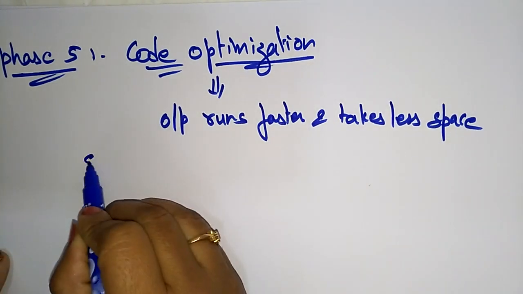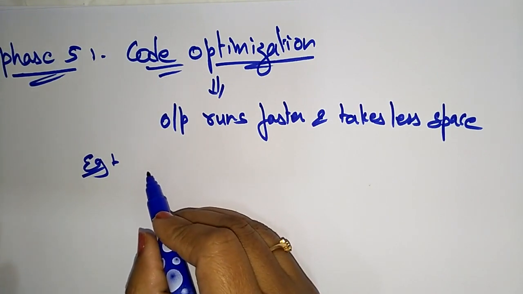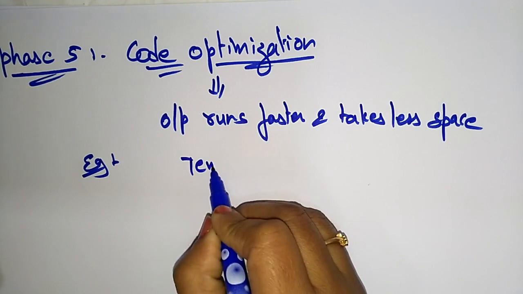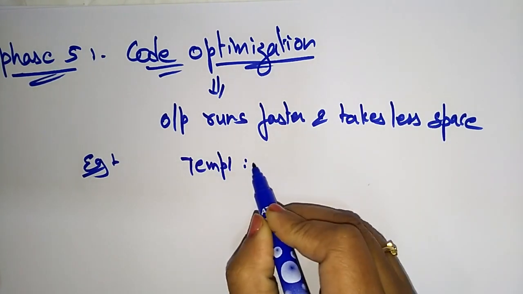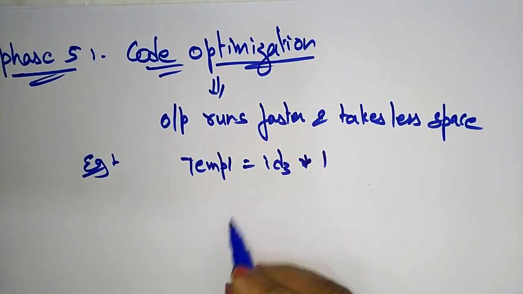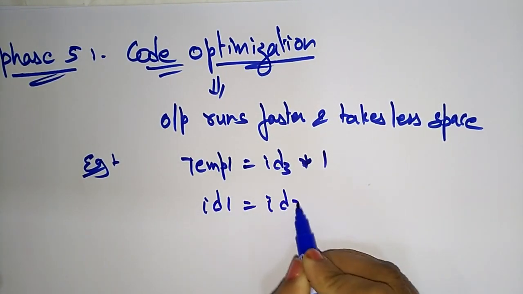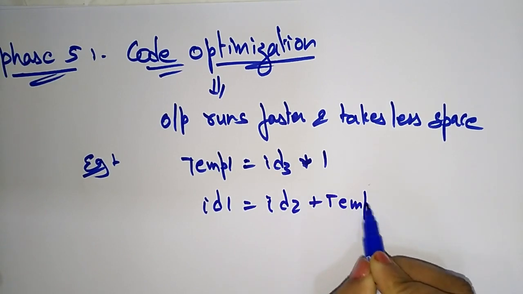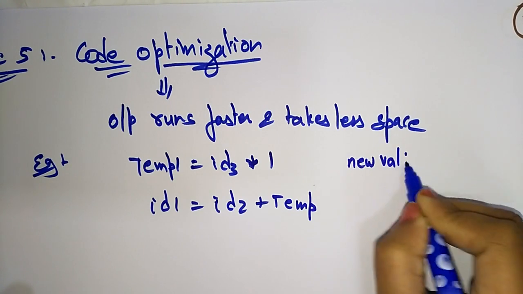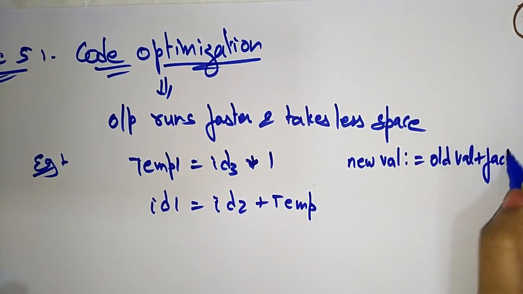Let's see an example of code optimization. Taking the above intermediate code, temp1 is equal to ID3 into 1, and that will be converted into ID1 is equal to ID2 plus temp1. That is the complete equation, new value is equal to old value plus fact into 1.